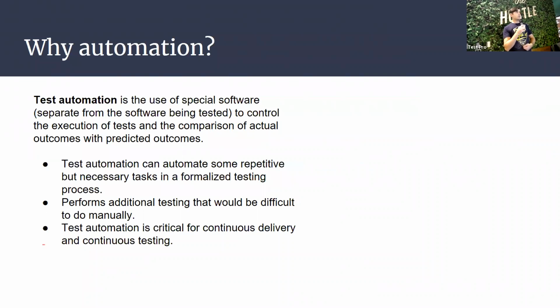And again, test automation is critical for continuous delivery. This is a modern trend. All the companies really try to get there as soon as possible because from a business standpoint, it's very beneficial to be able to react to external circumstances ASAP.